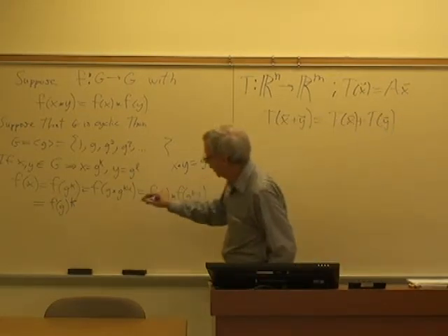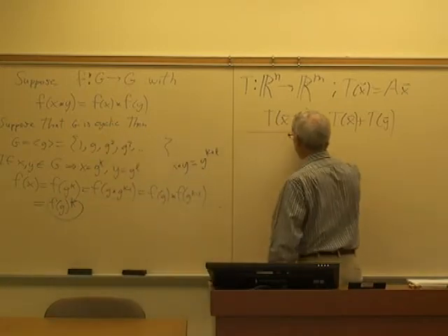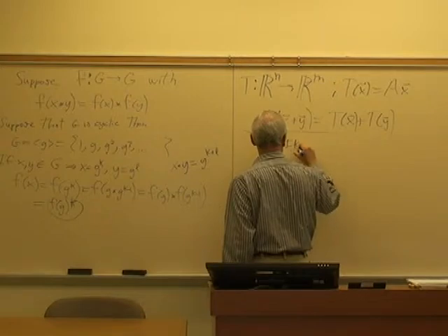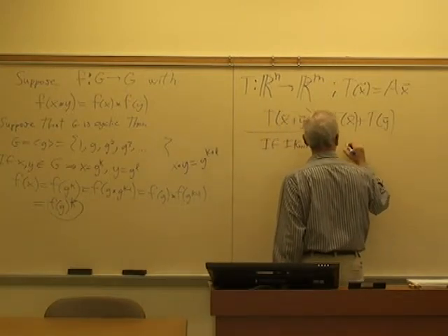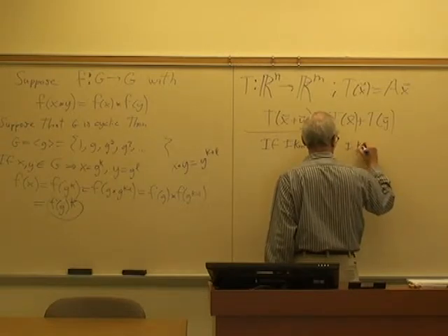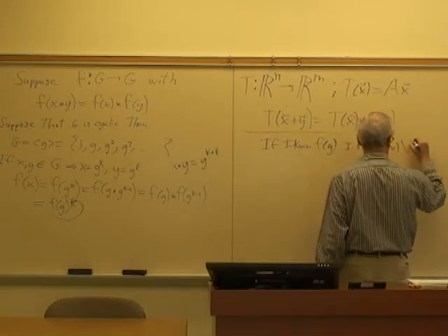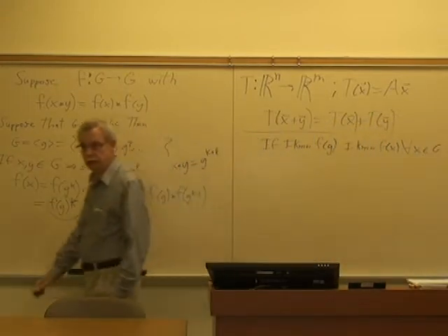So the bottom line, in this case, is that if I know f of g, I know f of x for all x in my cyclic group, right?